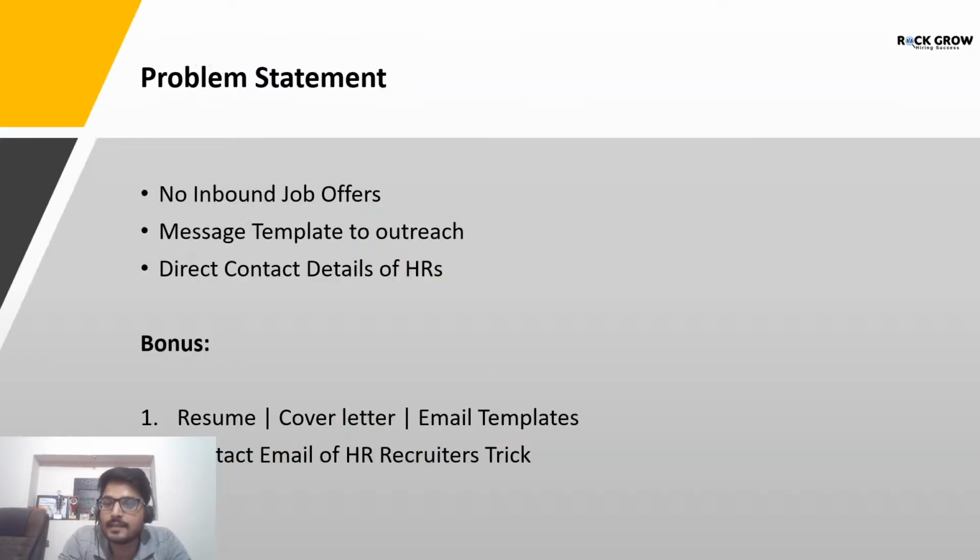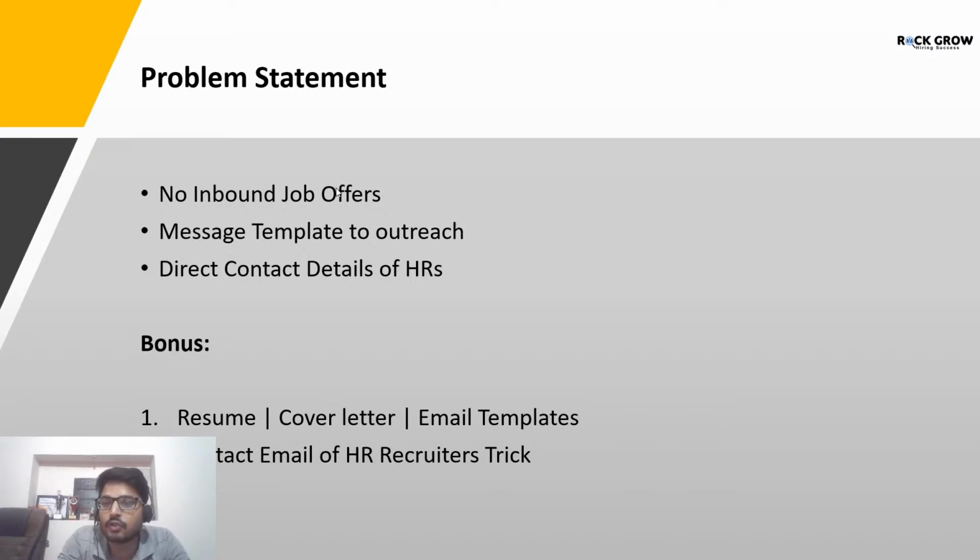Everything we're going to discuss today in this session. A quick glance at the problem statement that we have already identified, and we're going to fix that today. First of all, there are around 650 or 690 million plus LinkedIn profiles. Everyone on this platform is looking for jobs, internships, and other purposes, but not everyone is able to be successful. Point number one: how to be successful on this platform and how to create job opportunities.